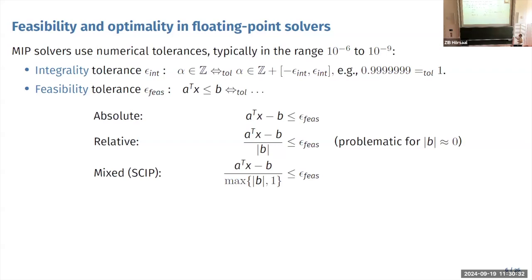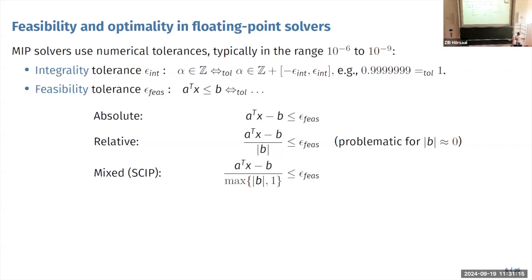So, for instance, what SCIP uses is a mixed kind of feasibility tolerance. So if the right-hand side is in absolute value smaller than 1, then we use an absolute tolerance, the first case. But if the right-hand side is larger than 1 in absolute value, then actually we use a relative tolerance. And I don't want to say that this is the better way to go, but this is how it's defined in SCIP. And so I think the majority of solvers, also the commercial solvers, would use absolute tolerance only, right?